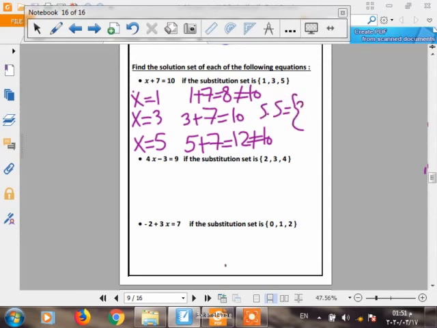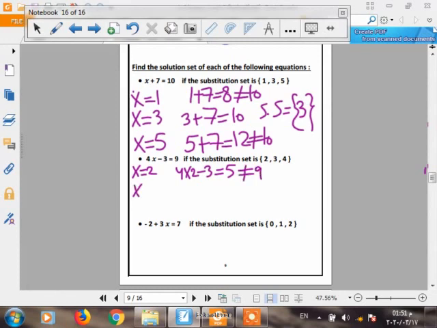3. Next example, 4x minus 3 equals 9, if the substitution set is 2, 3, 4. Let's check if x equals 2. 4 times 2 equals 8. 8 minus 3 equals 5. But 5 is not equal to 9. So it cannot be in the solution set.